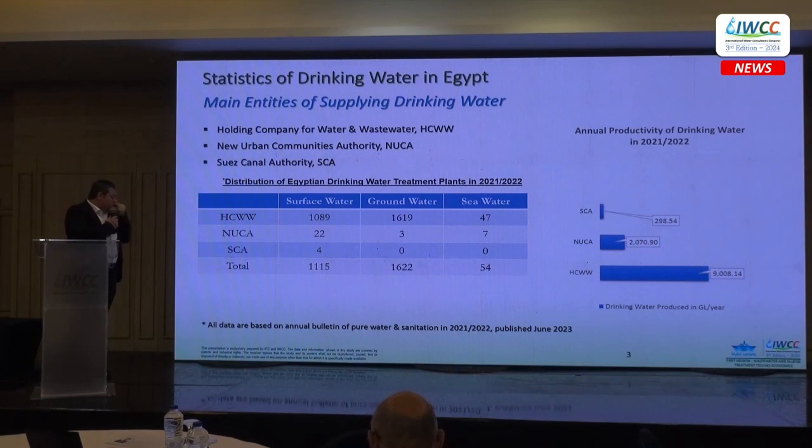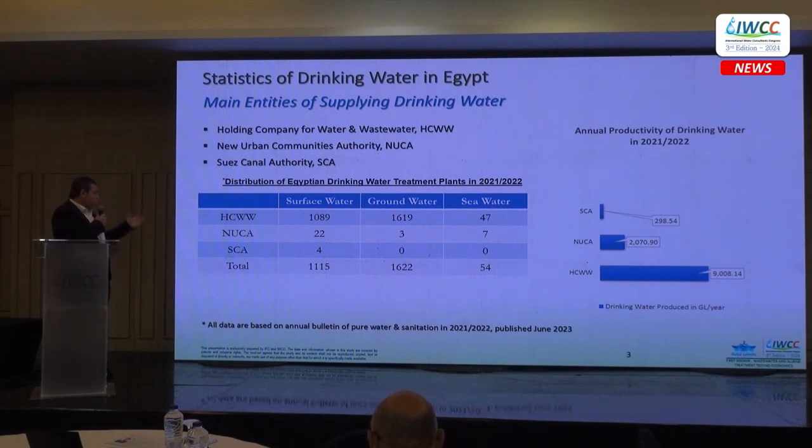Egypt, according to this report for the year of 2021-2022, had about 2,791 treatment plants. We could classify them based on the source of water to surface water, groundwater, and seawater.